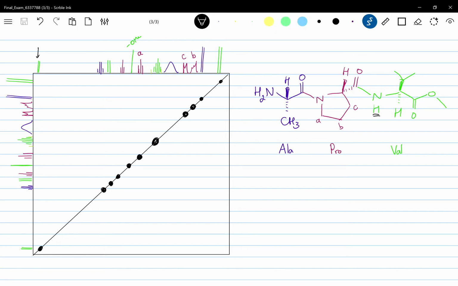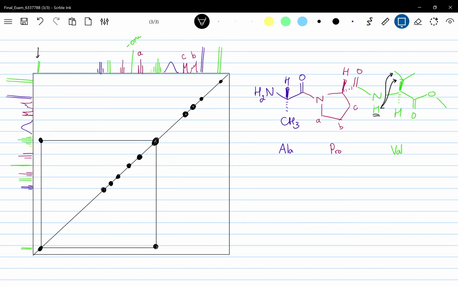Instead, we can talk about this amino NH proton with this septet, which will be this correlation, these two. And then apart from the septet, of course, it can also interact with this doublet, right?